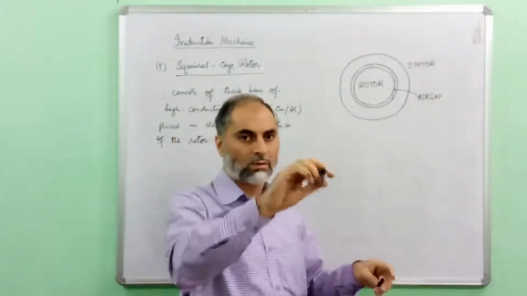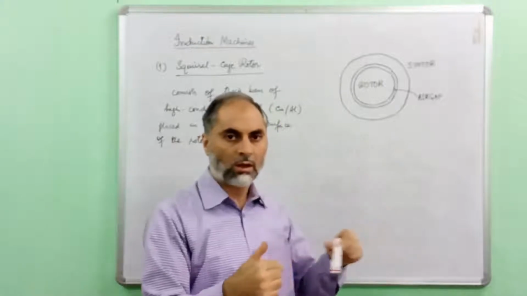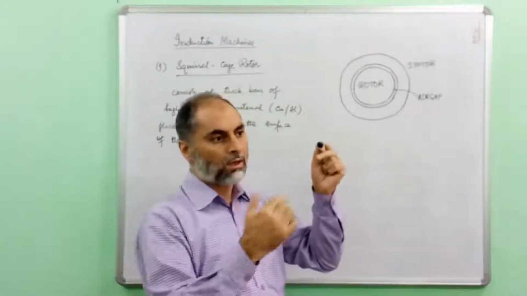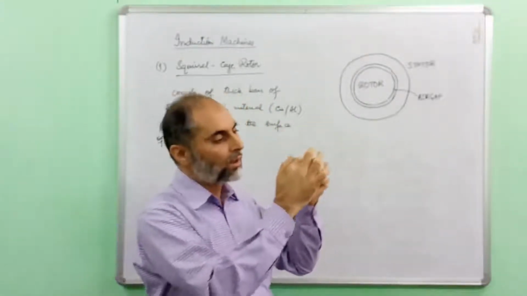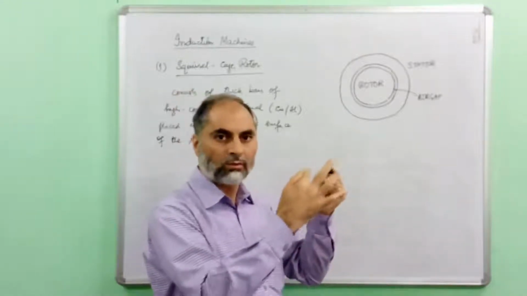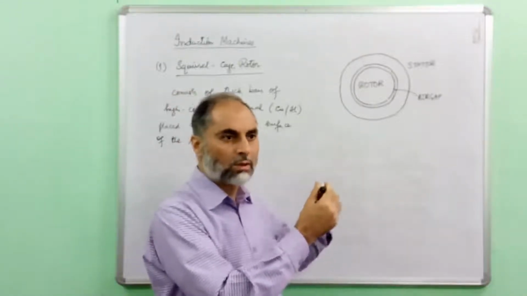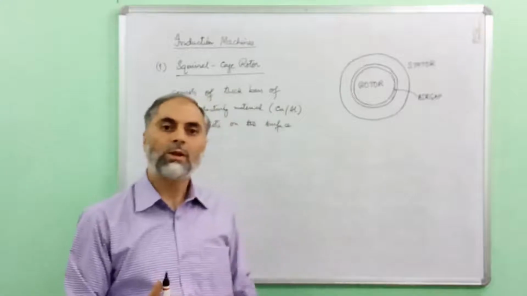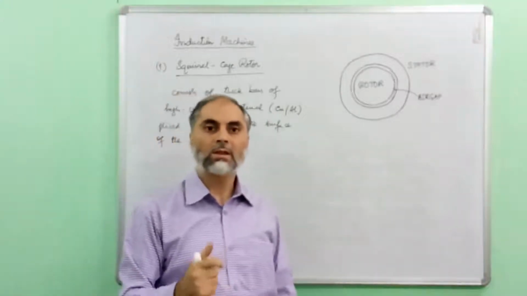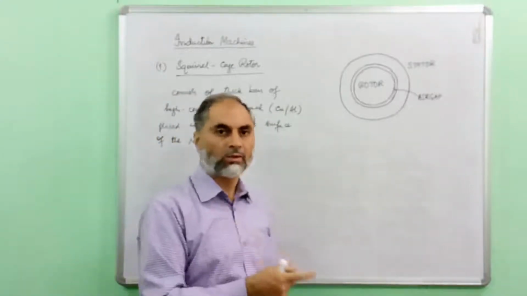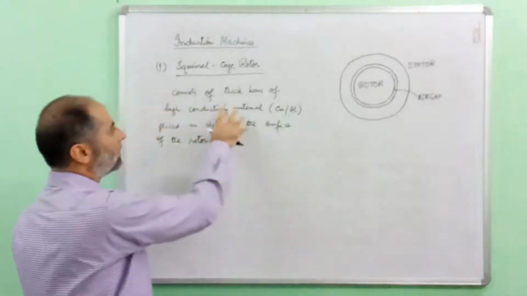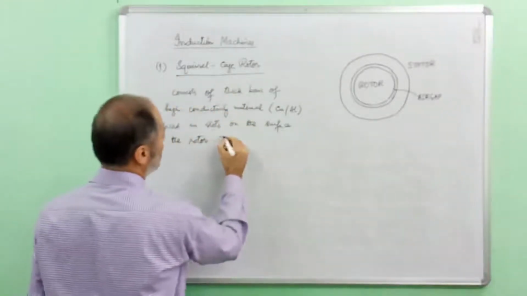You have bars in the slots all along the surface, and the ends are yet free. Then at the two ends of the rotor, the bars are shorted together by thick circular rings of the same material as the rotor bars.